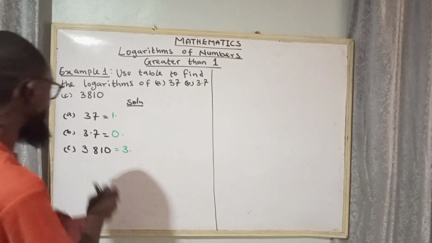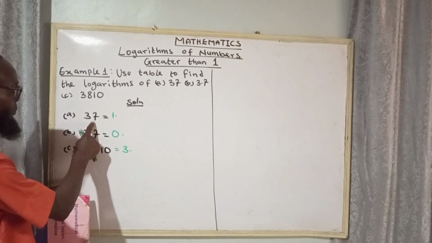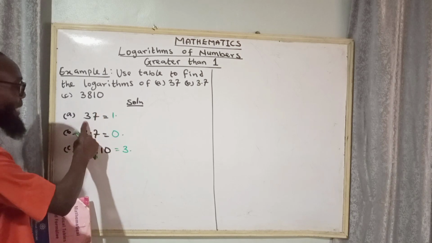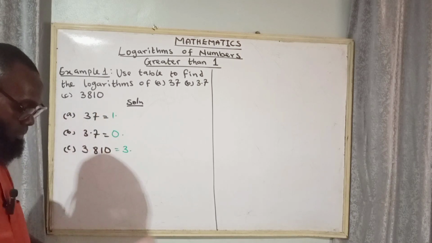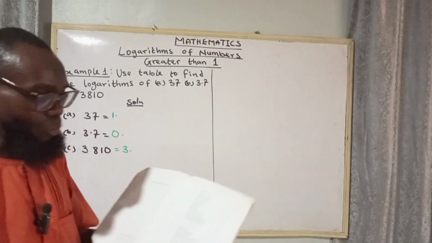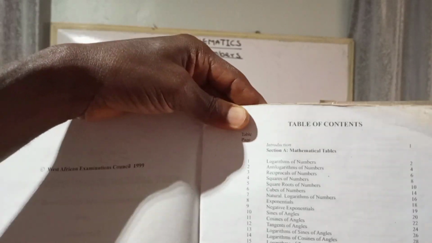Now, let's check the logarithm. You are going to check 37. There's no digit at the back of this 37. We call it 0. 37 under 0. Opening to our mathematical table, we move on to logarithm of numbers. Logarithm of numbers, that is page 2.